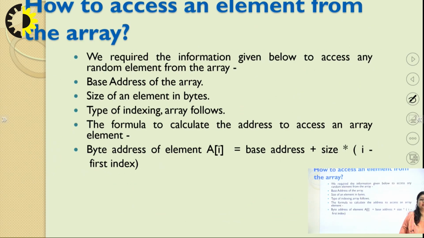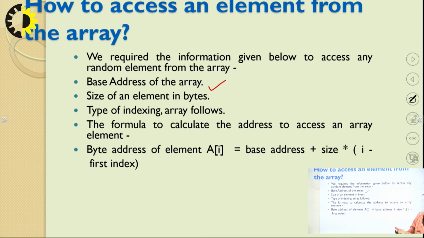And how do we access an element of an array? We require the information given below to access random elements of the array. First, find out the base address of the array.